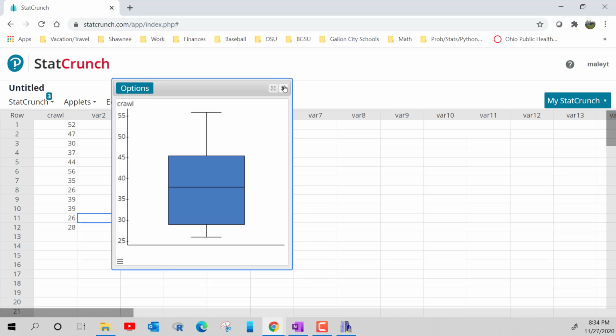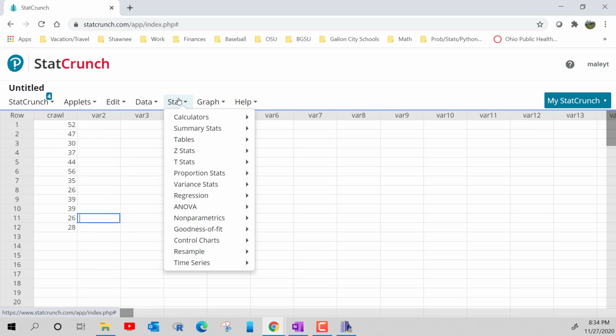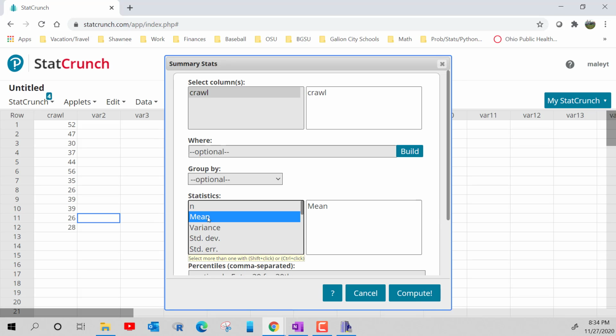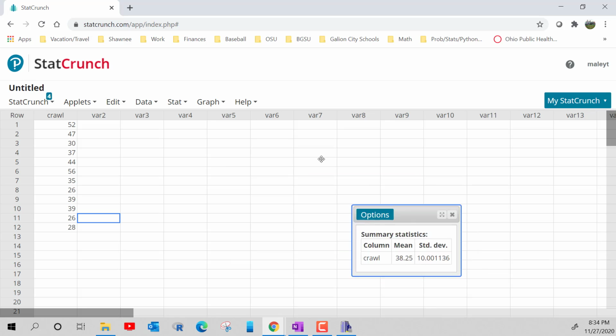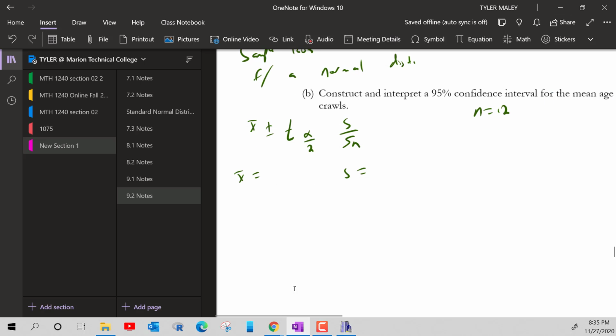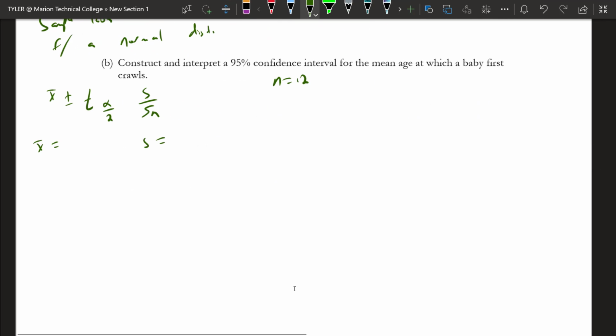Right, remember, I'll go to summary stats, column, hit crawl. We need to know the mean and the standard deviation. Hit compute, and we get those 2 scores, right? So the mean is 38.25, and the standard deviation, I'm going to round to 3 decimal places, so it's 10.001. Right, so x bar was 38.25, and s is 10.001.